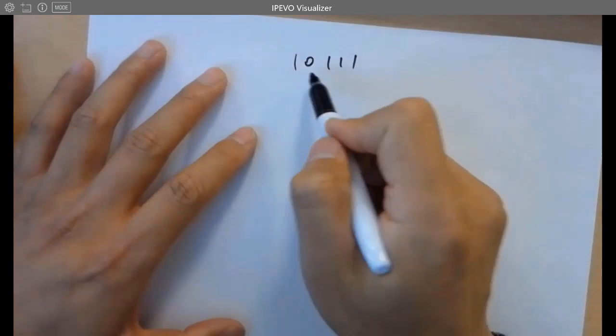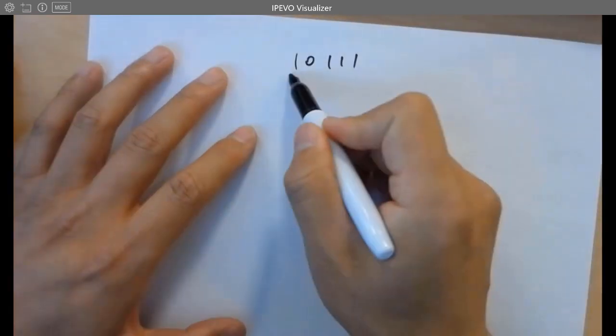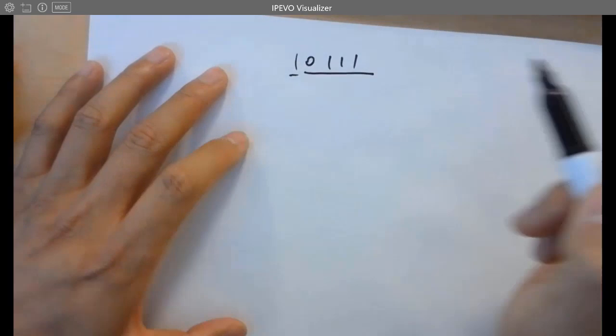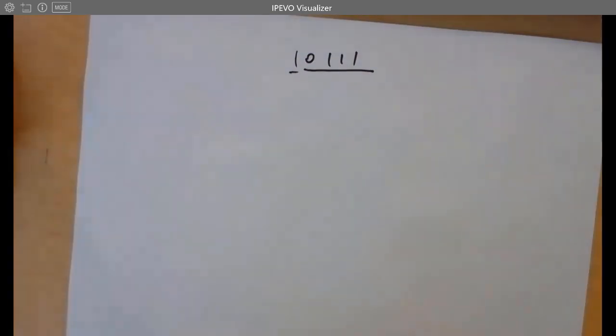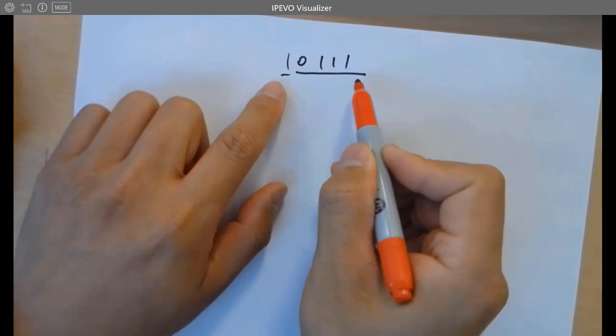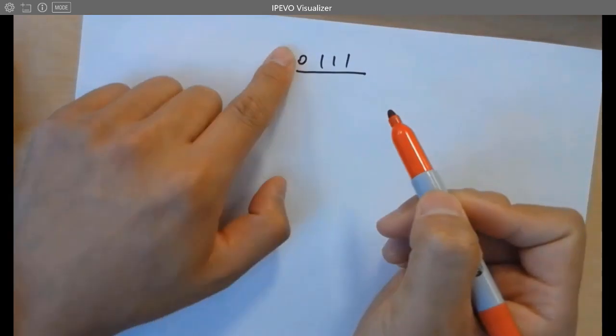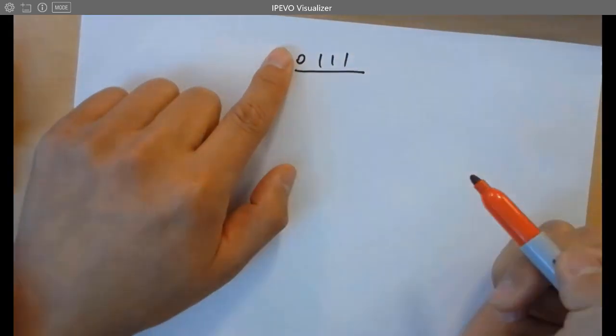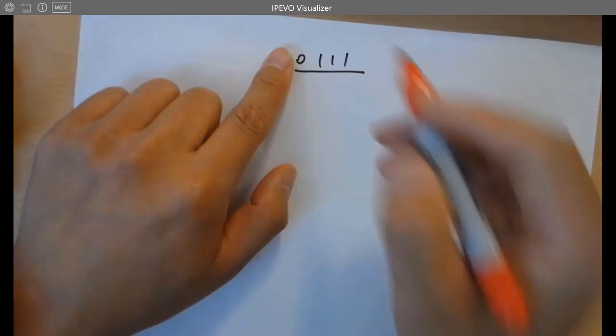All the rest of the numbers, except for the MSB, you just think of these values as positive values. So what is it? Just don't look at this. If I give you a number in 2's complement, don't look at this. What is this number? 7.